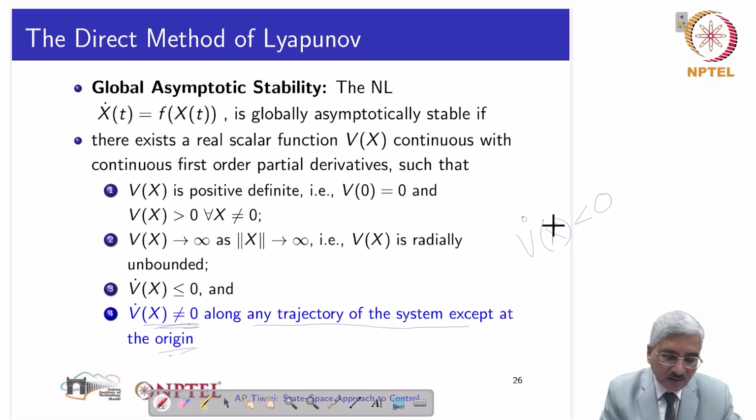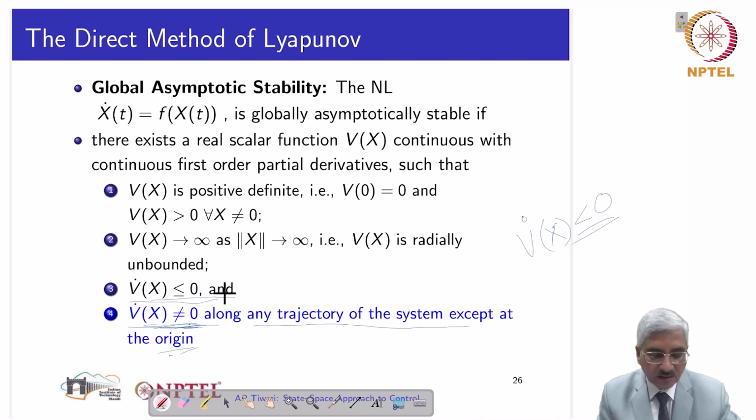So we have taken that condition as some kind of a slight relaxation over V dot x less than 0. We are allowing V dot x to be negative semi-definite, and we are restricting it to be non-zero only on the trajectory of the system.